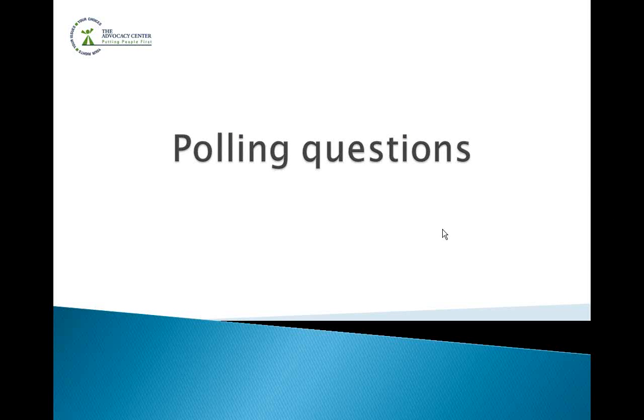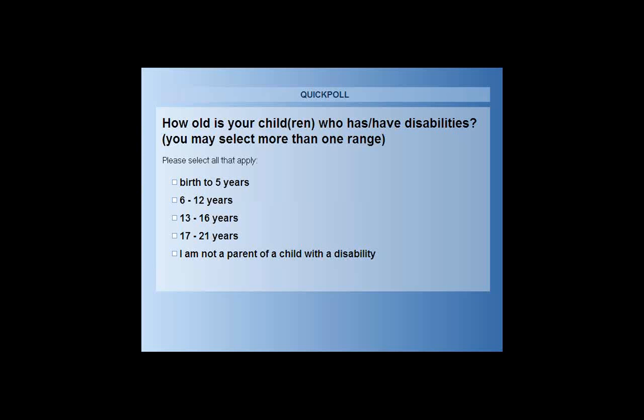We'll do a couple more quick polling questions. For those of you who are parents, could you please tell us the age range of your child or children with disabilities? And if you have more than one child, choose multiple ranges that represent your children's ages.